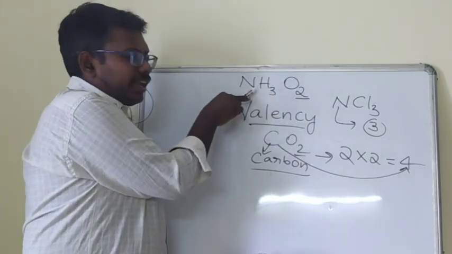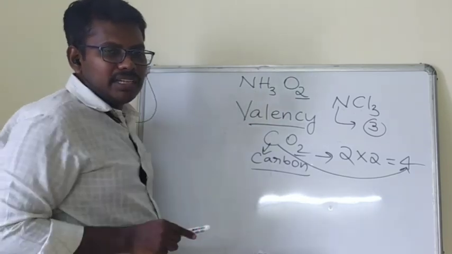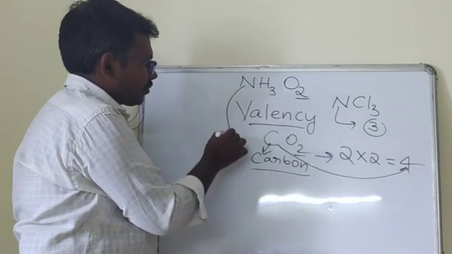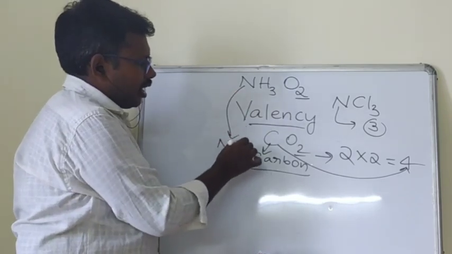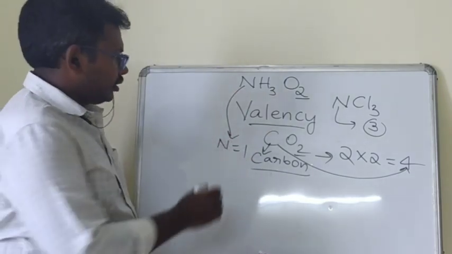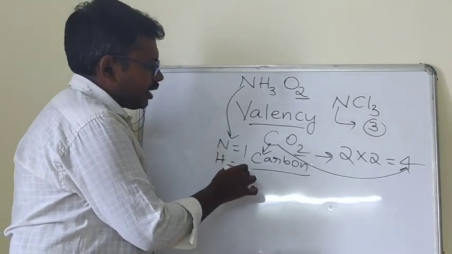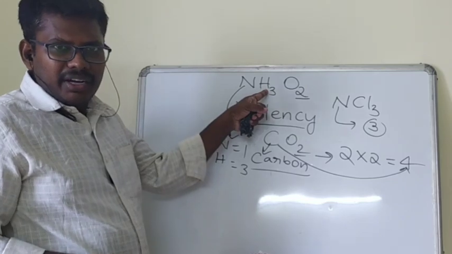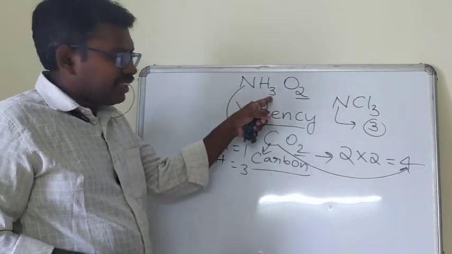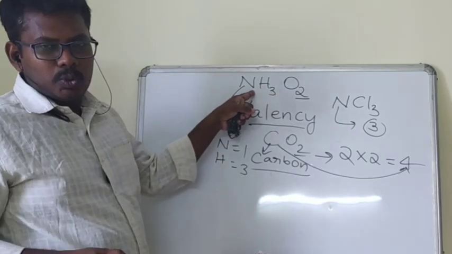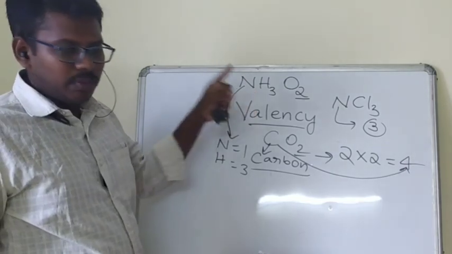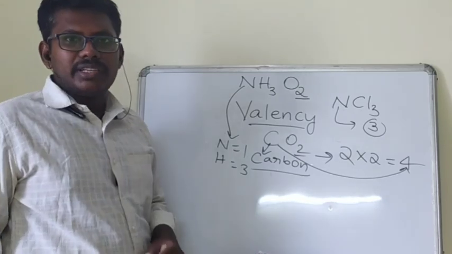If you see down of N, is any number there? No. It means there is nothing but 1. So NH3 contains 1 nitrogen atom and 3 hydrogen atoms. You want to see at the down of that element symbol. H having 3, nitrogen having nothing, so it means 1. Don't take that as 0. So this is about valence we discussed.